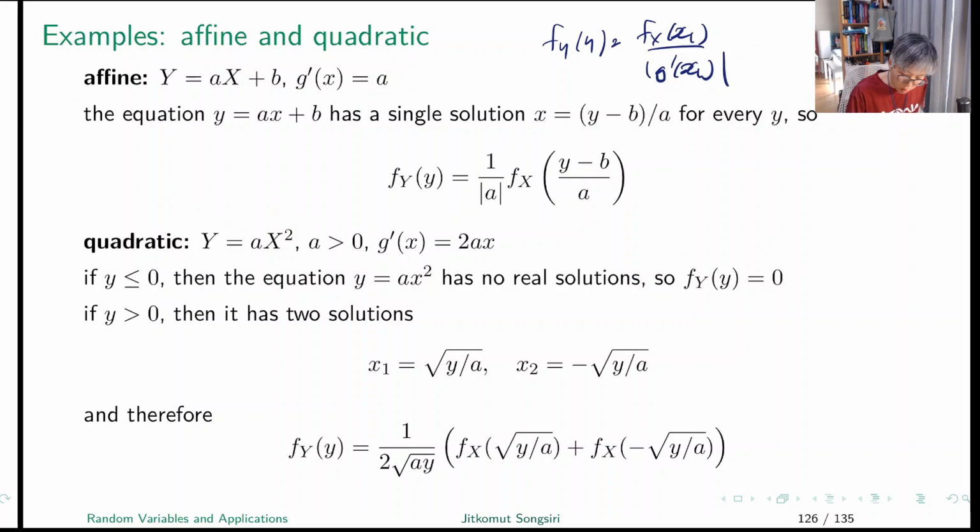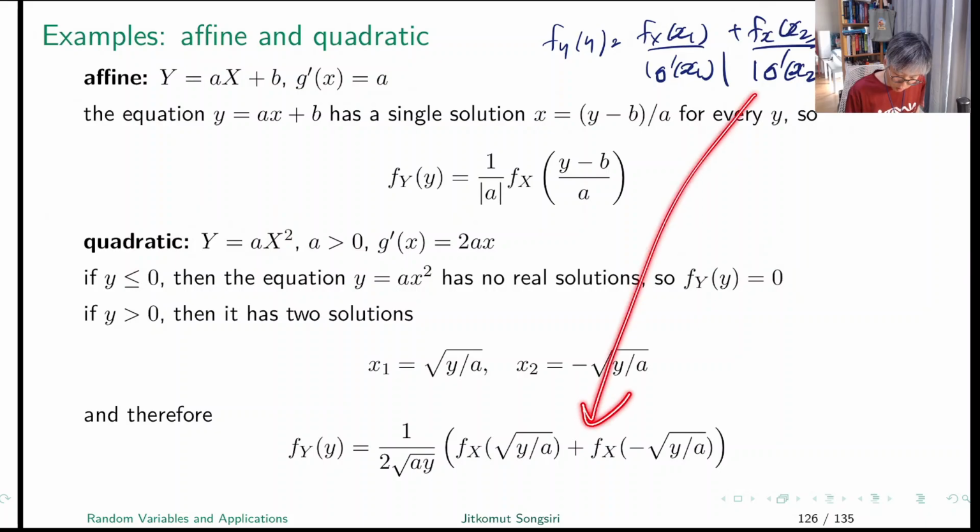So now your formula is gonna go like this. It has two roots, right? So you're gonna have two terms on the right hand side. And I think the rest is just to substitute this directly, very straightforward. So x1 is square root of y over a. x2 is the negative root, and that's it.